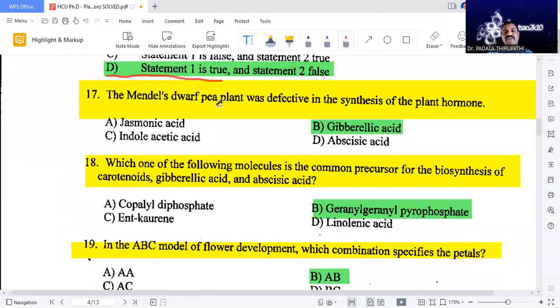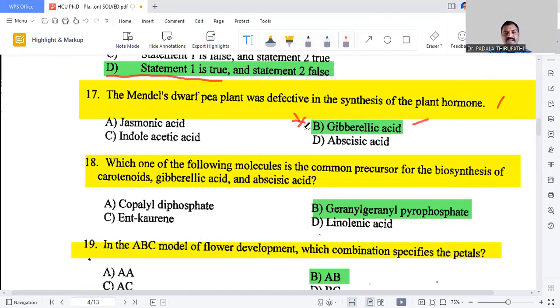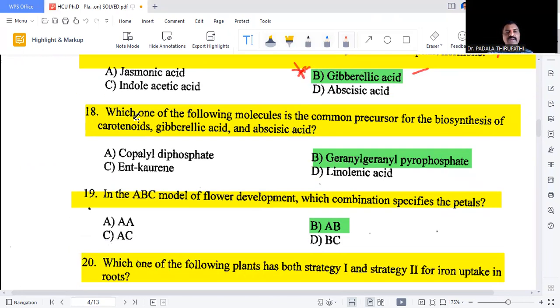And 17th question. Mendel's dwarf pea plant was defective in the synthesis of the plant hormone gibberellic acid. Which one of the following molecules is the common precursor for the biosynthesis of carotenoids, gibberellic acids, and abscisic acid? That is geranyl pyrophosphate, the right answer.